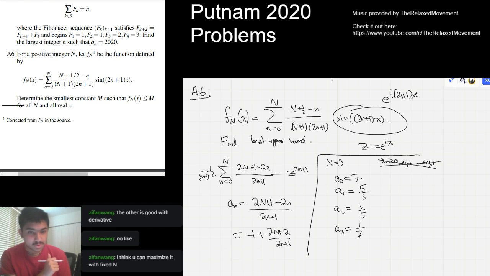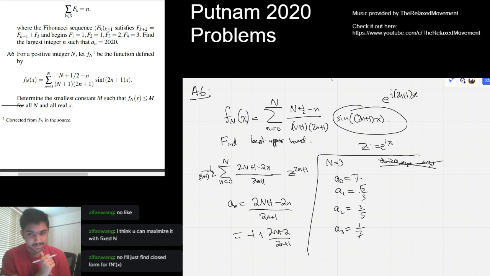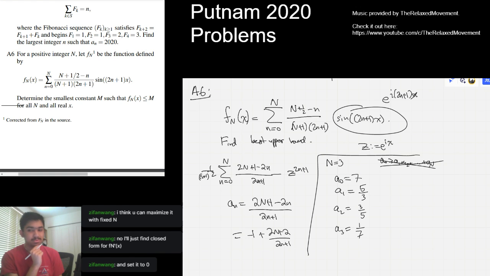Also note that this function has a critical point at pi over 2. Yeah, note that this function's derivative is 0 at pi over 2. I'm pretty sure pi over 2 is the answer. Or x equals pi over 2 is the maximum. Do you agree?